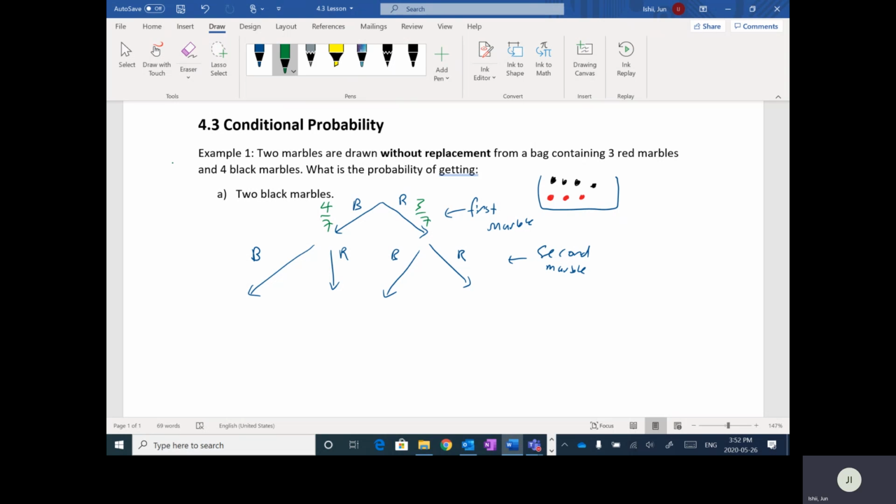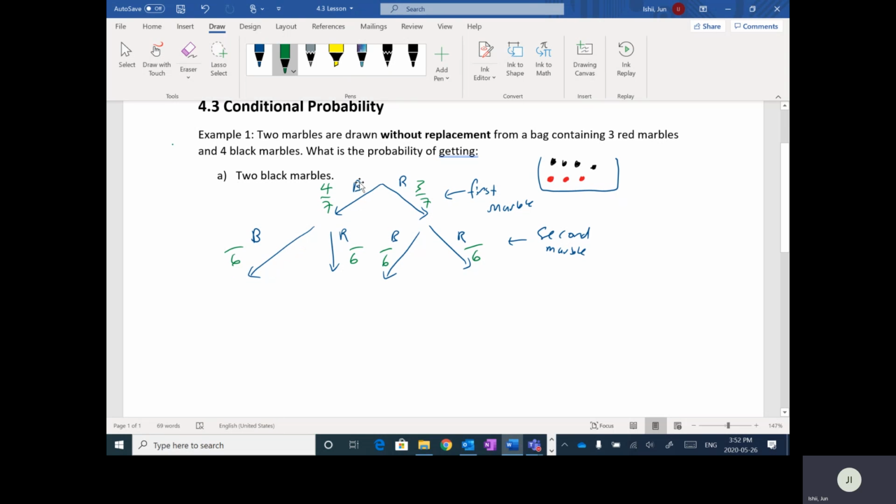Now, since we're not putting that first marble back, on the second draw there's not 7 marbles, there's only 6 left. So each one of these probabilities will be out of 6, not 7, because we're not putting that first marble back. If I drew a black marble out on the first draw, there's 1 less.